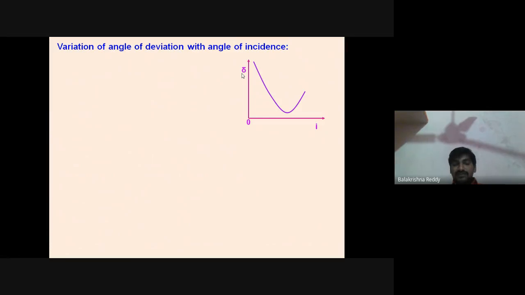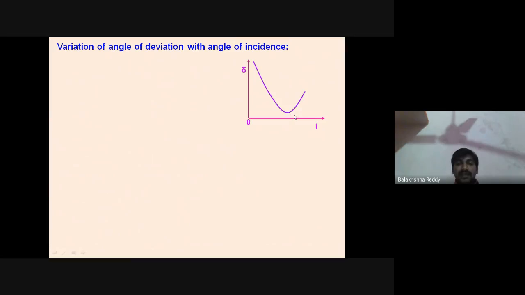To find the refractive index of the prism, we consider the minimum value out of the maximum and minimum values. This is the only minimum value; afterwards it gradually increases again. So between them, this is the actual minimum value, which we are preparing to find.